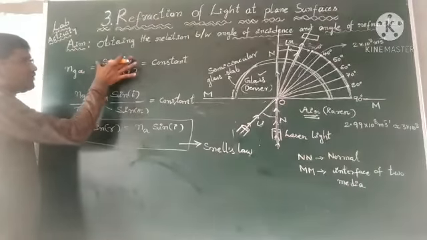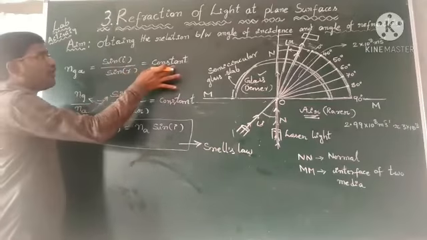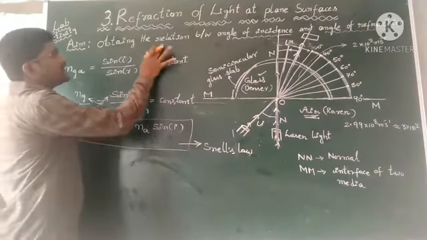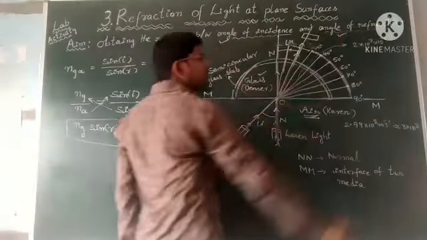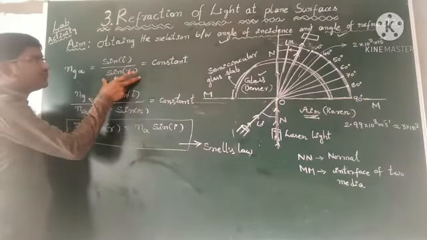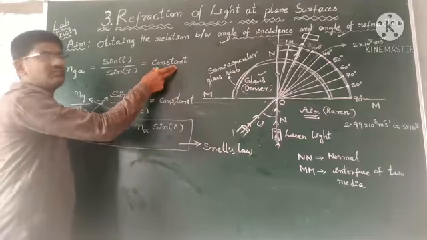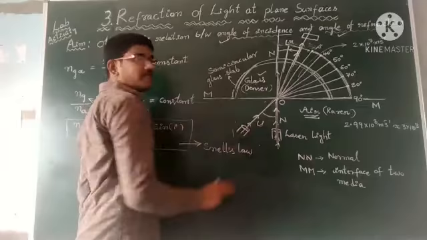So the ratio of the sine of the angle of incidence by the sine of the angle of refraction always remains constant. That constant is nothing but the refractive index of glass with respect to air.